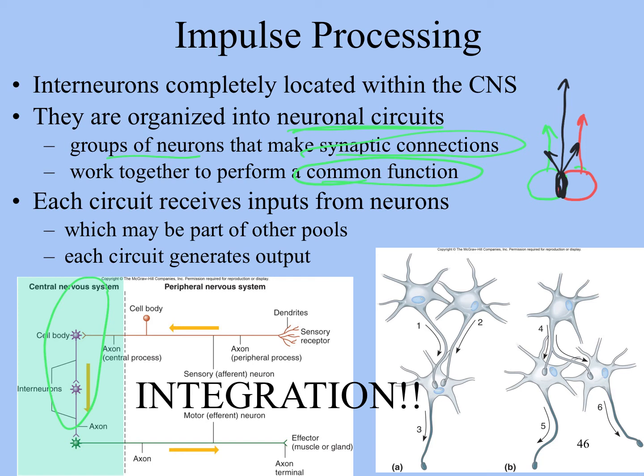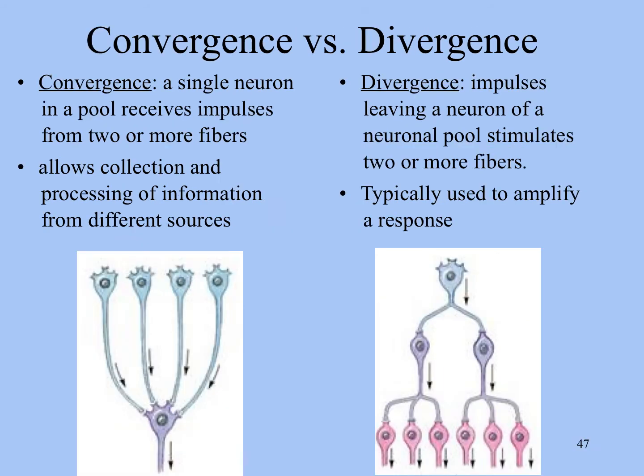So it can get pretty complicated, and going into the complications of that is beyond the scope of this particular lecture, so we're not going to go into any more specific detail about that right now, except for what's coming in the next couple slides. So two general types of neural circuits that you'll find are converging circuits and diverging circuits.